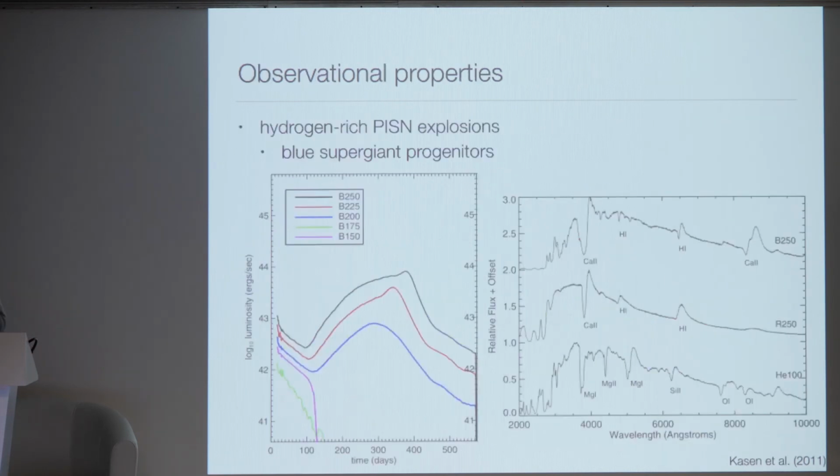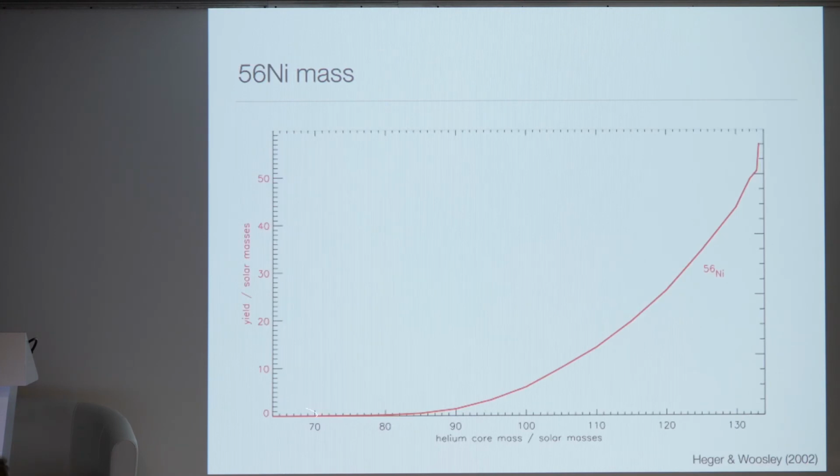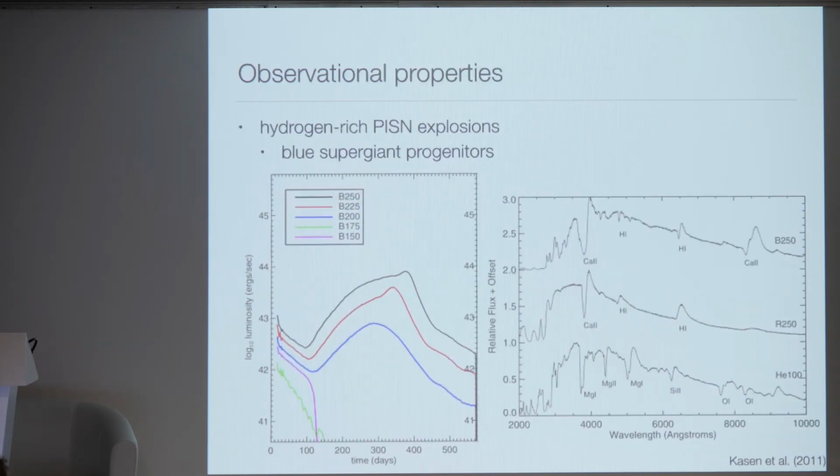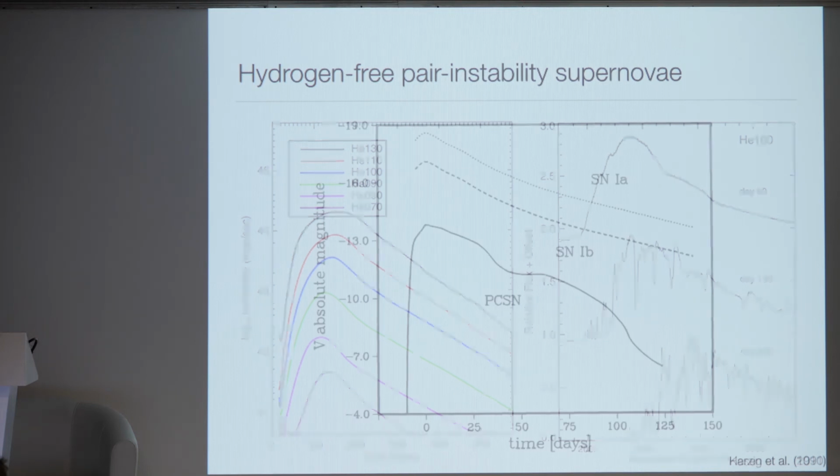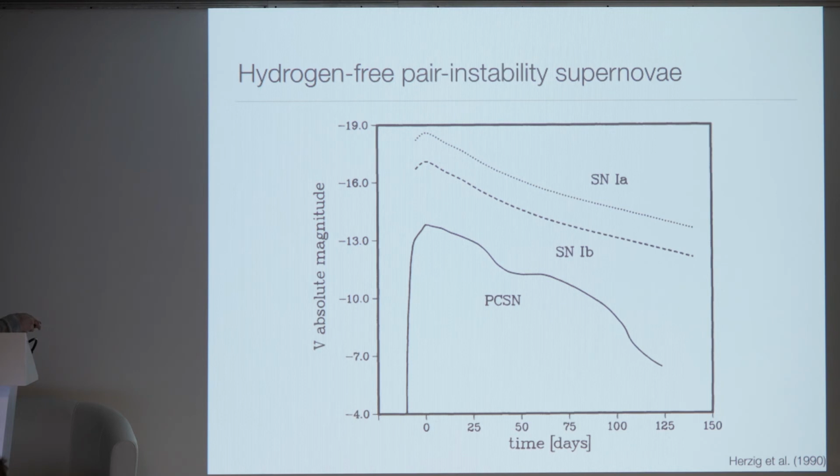some pair instability supernovae don't make much nickel, and there will be almost no nickel there. That basically won't make this hydrogen-free pair instability supernova bright, but there can be some thermal energy. Of course, the explosion energy is large, so there can be some thermal energy remaining in the core.